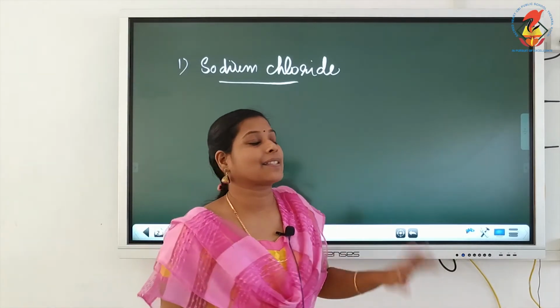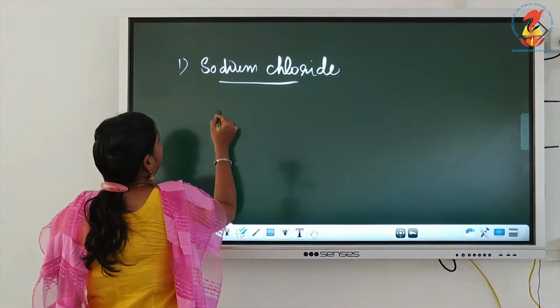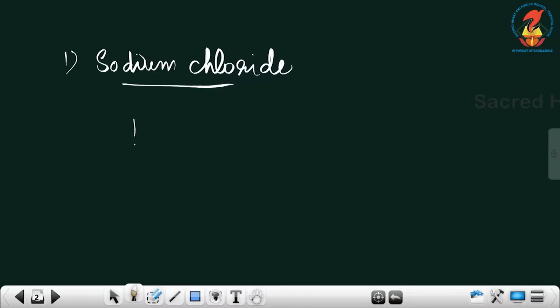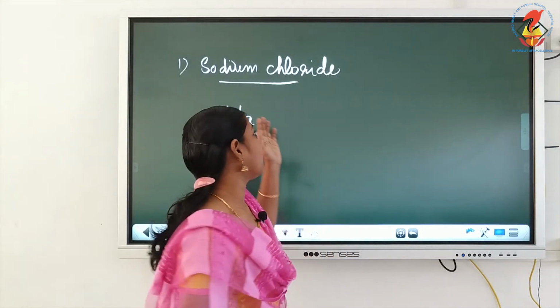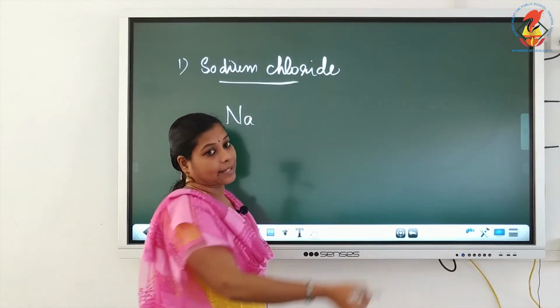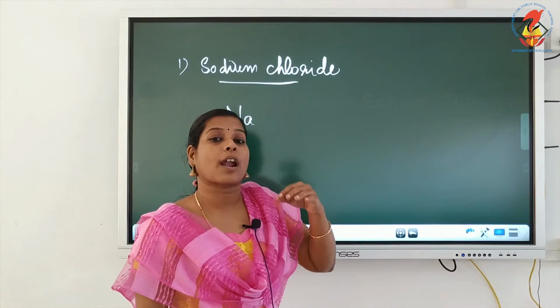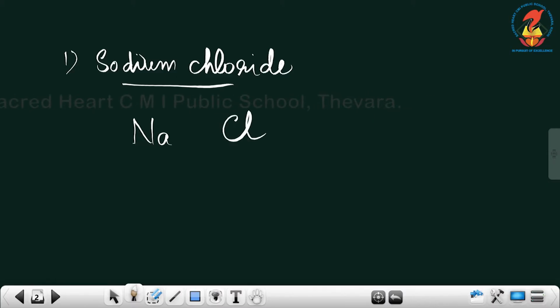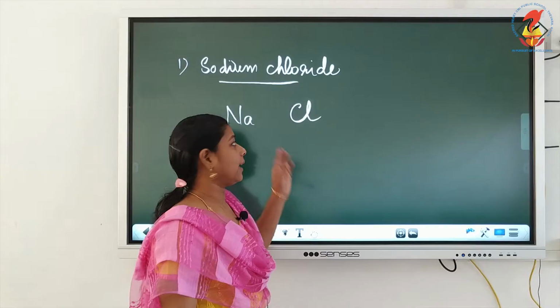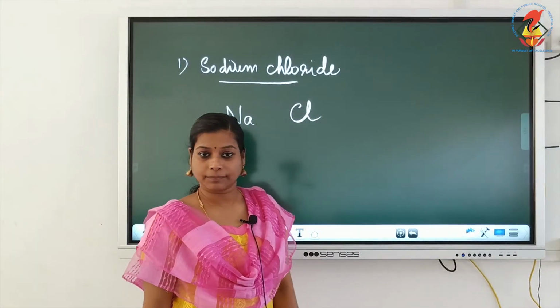Right, it is sodium. So, first identify the metal and write its symbol. Then the non-metal: the name is chloride, but the non-metal is chlorine. So, we write chlorine there, leaving some space.